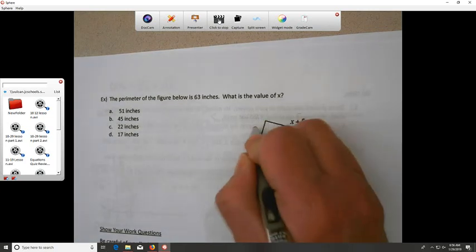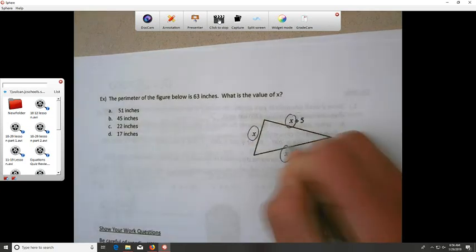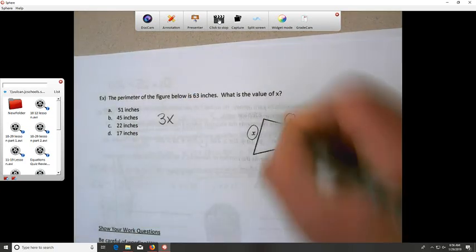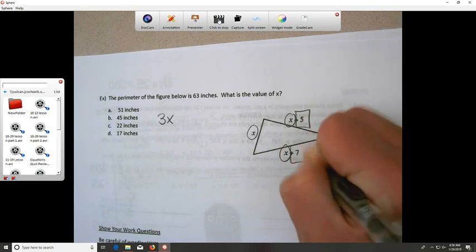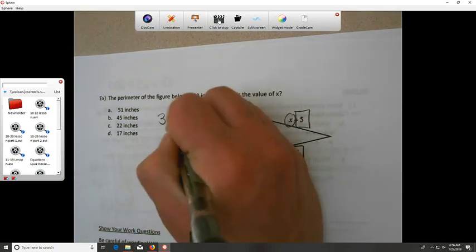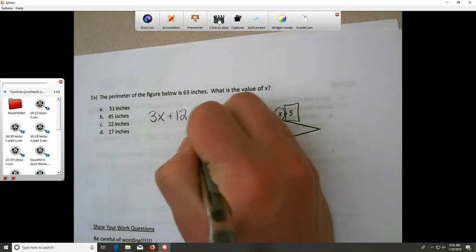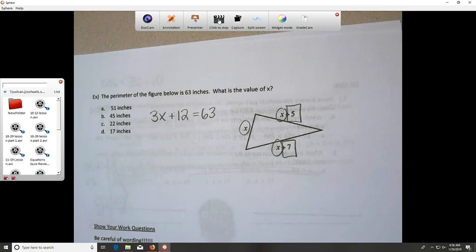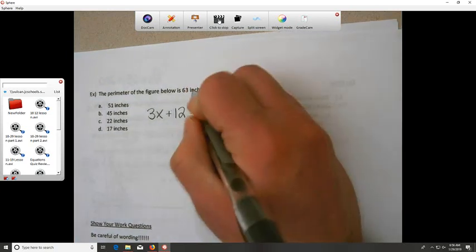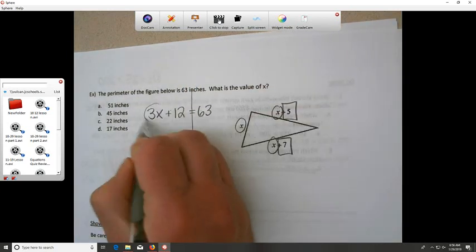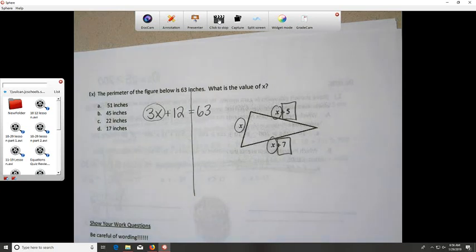So I've got x, x, and x, that's 3x, and then I have a positive 5 and a positive 7, which is 12, and it says the perimeter is 63, so equals 63. Now again, this is just a two-step equation. So we've got our inner layer that's closest to the x, and then we have our outer layer.